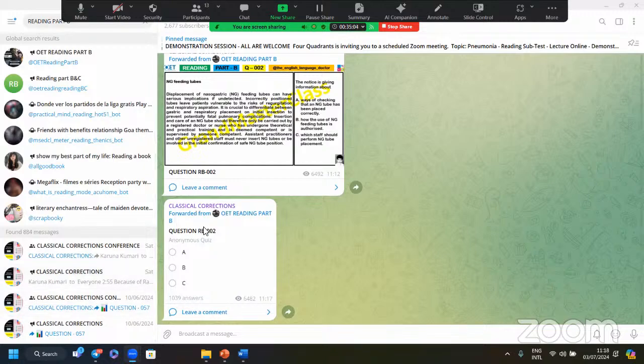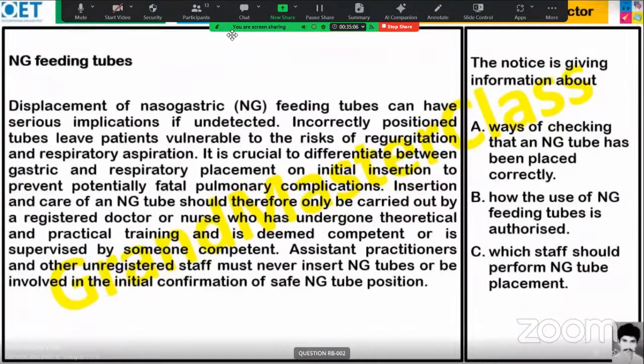Okay, next one will be boomerang 3. But before that, I'll explain this one. Update your scores, please.